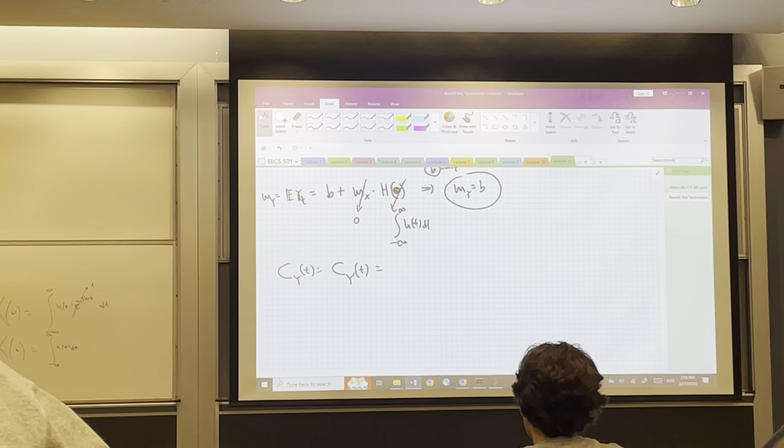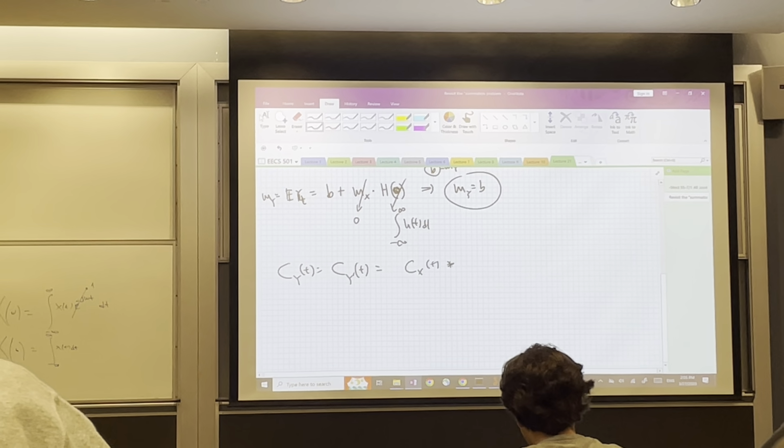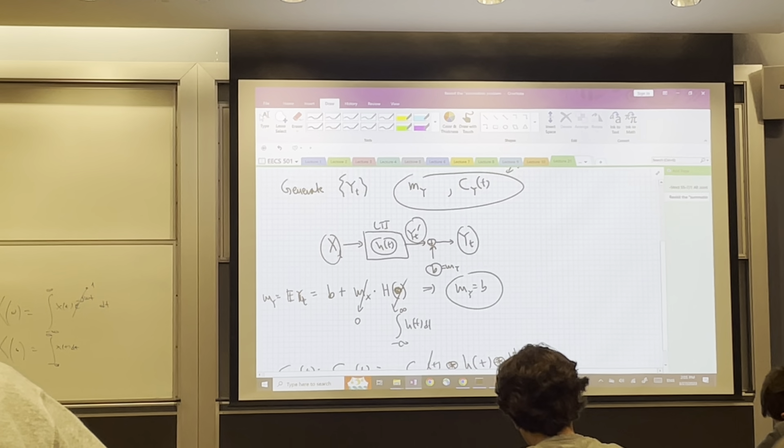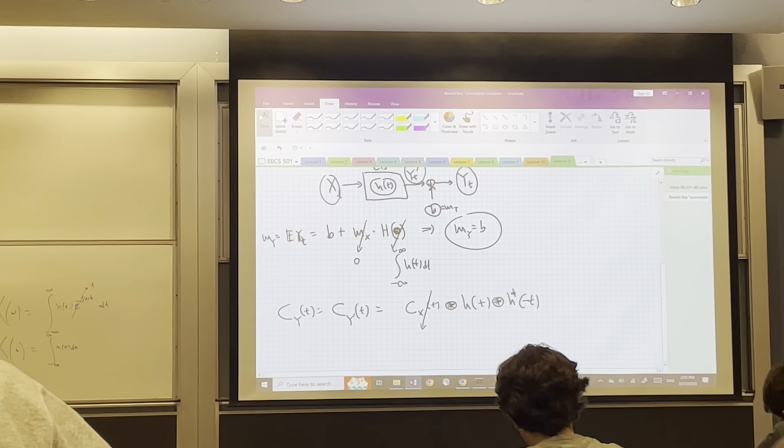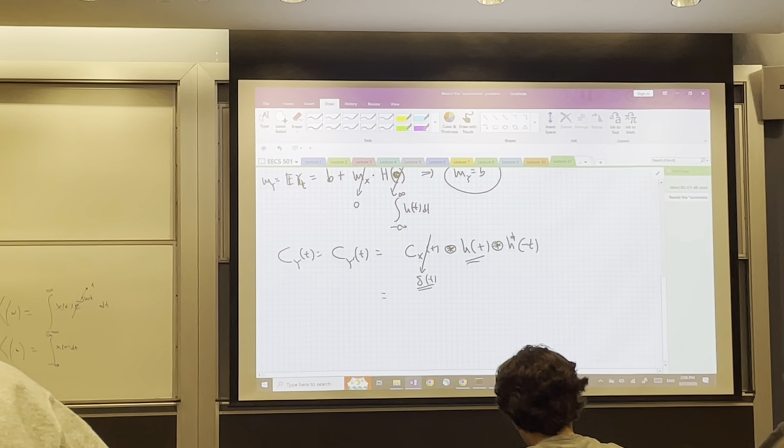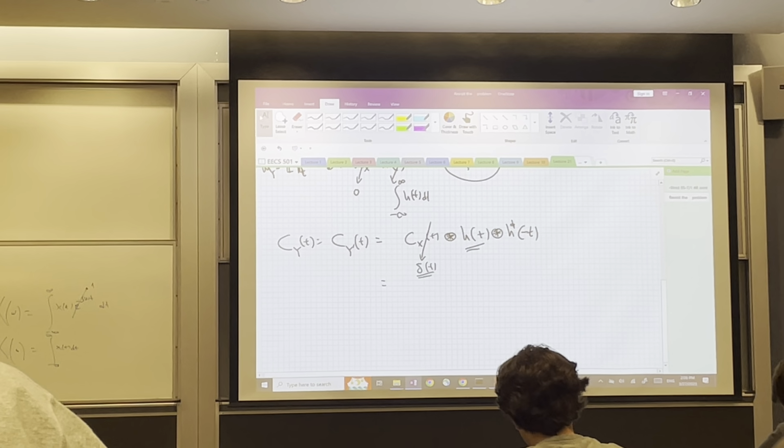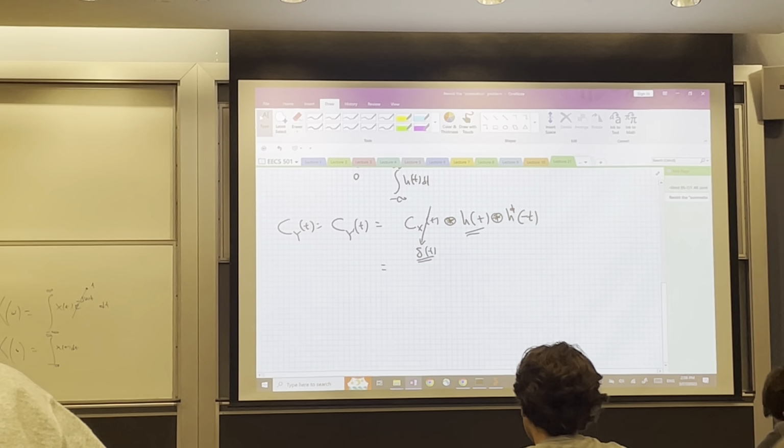So it's going to be the covariance function of x convolved with h of t convolved with h star of minus t. Now what is that? The covariance function of x, according to the problem, is delta. That's good. So what happens when you convolve a delta with a signal? The signal itself. So this gives me h of t convolved with h star of minus t.